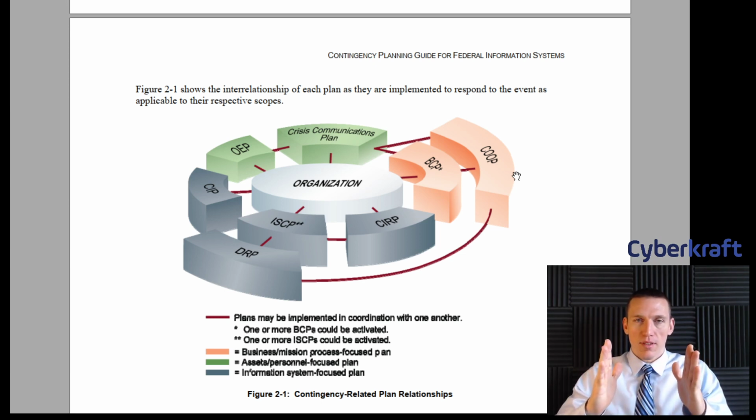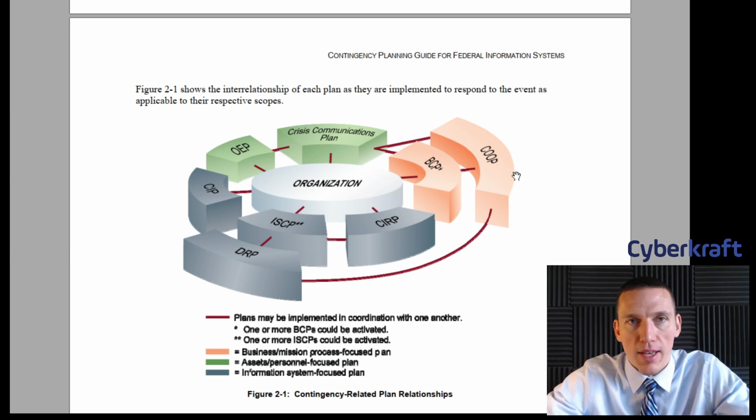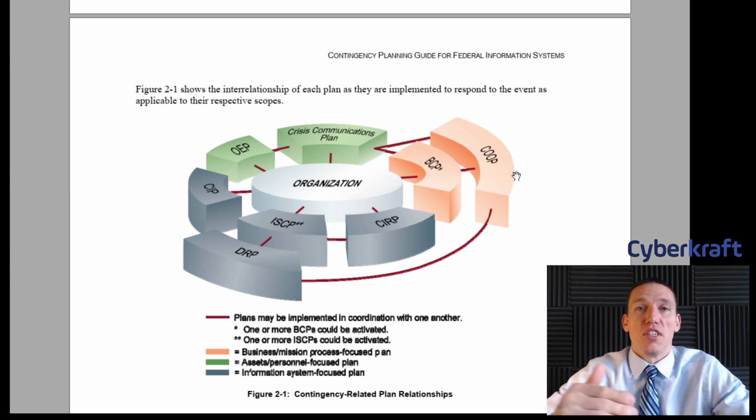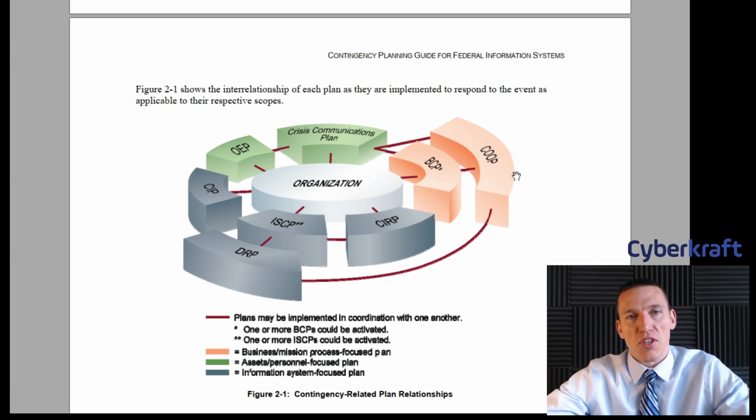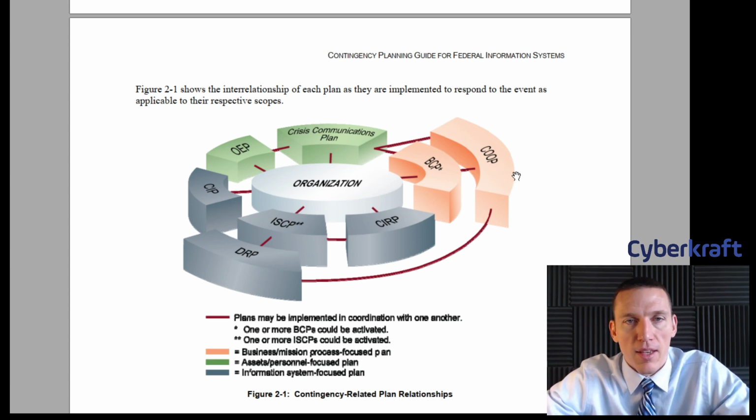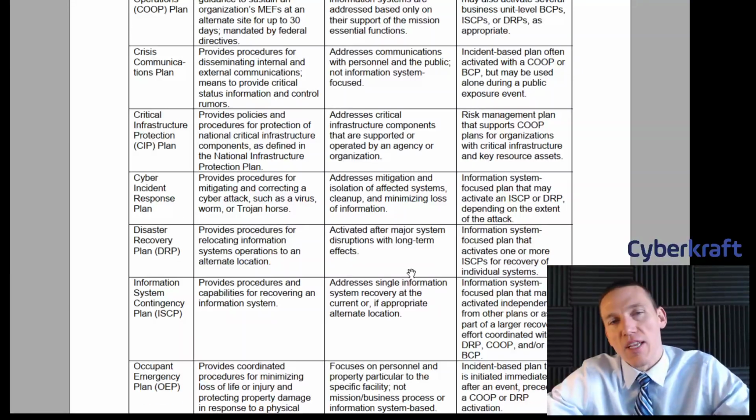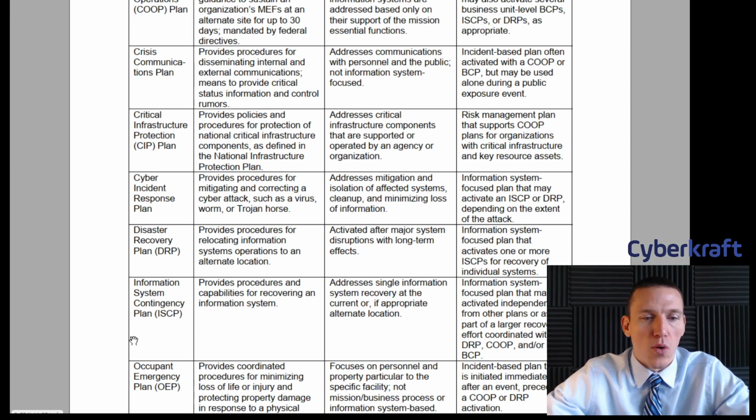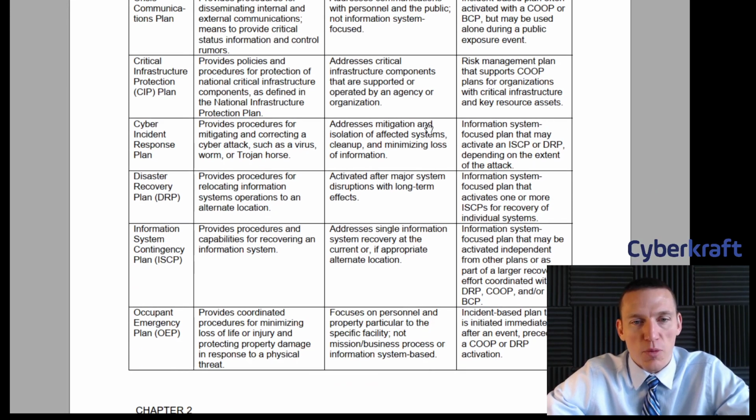I've worked with many different government agencies, including the Department of Homeland Security, and I've only seen those agencies use the general terms business continuity plan, disaster recovery plan, continuity of operations plan. I have not seen the term information system contingency plan being used, or occupant emergency plans, or cyber incident response plans.